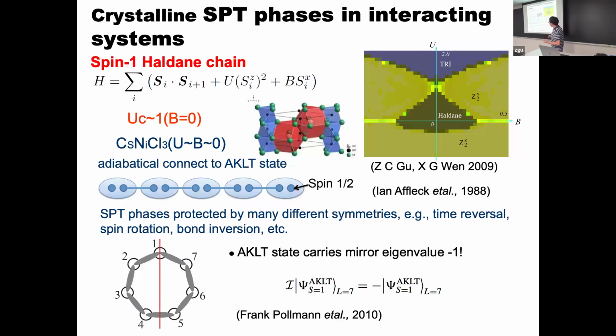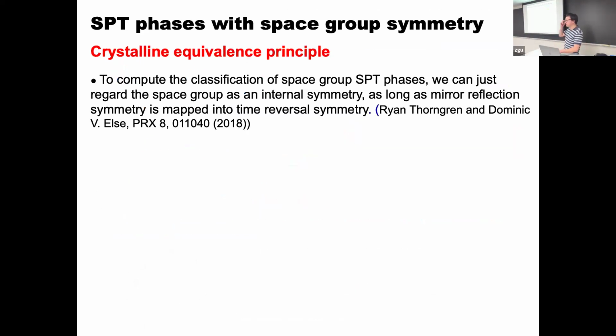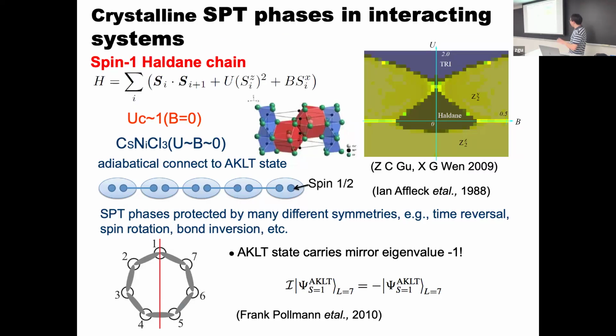But for the completely trivial phase, suppose you think about the product state, then you don't have this kind of singlet bond. Then the mirror eigenvalue is just +1. So this is a physical way to say this is non-trivial, because it has a mirror eigenvalue -1. Also, the eigenvalue depends on the system size. That's also important. You should choose odd; even does not work.